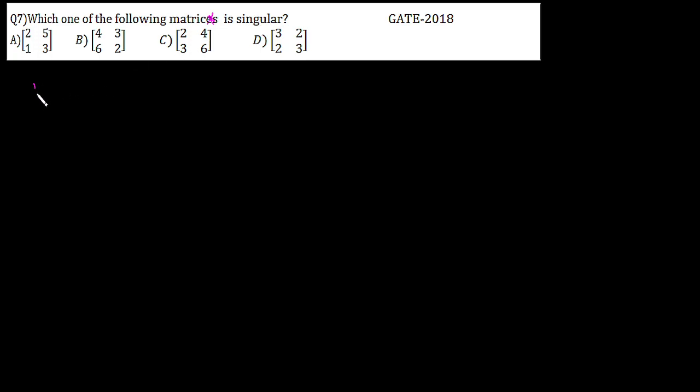If I am getting the determinant of any general matrix A as 0, then I can say matrix A is singular. If the determinant of any general matrix is 0, then the matrix is singular. In the other way, if the determinant has a non-zero value, then the matrix is non-singular.